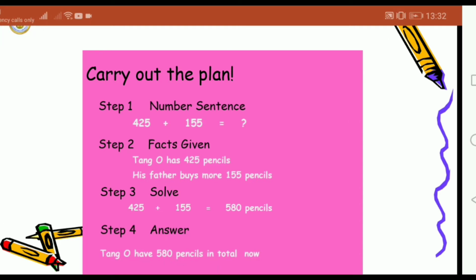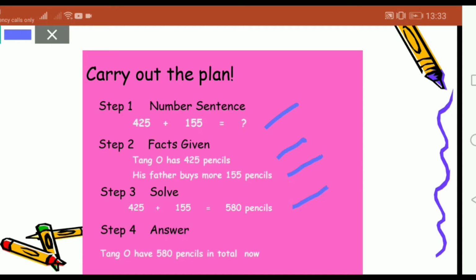That is how you answer a word problem. Please remember these 4 steps. Step 1, write the number sentence. Step 2, check or write the facts that are given, or the information. Step 3, solve the number sentence.